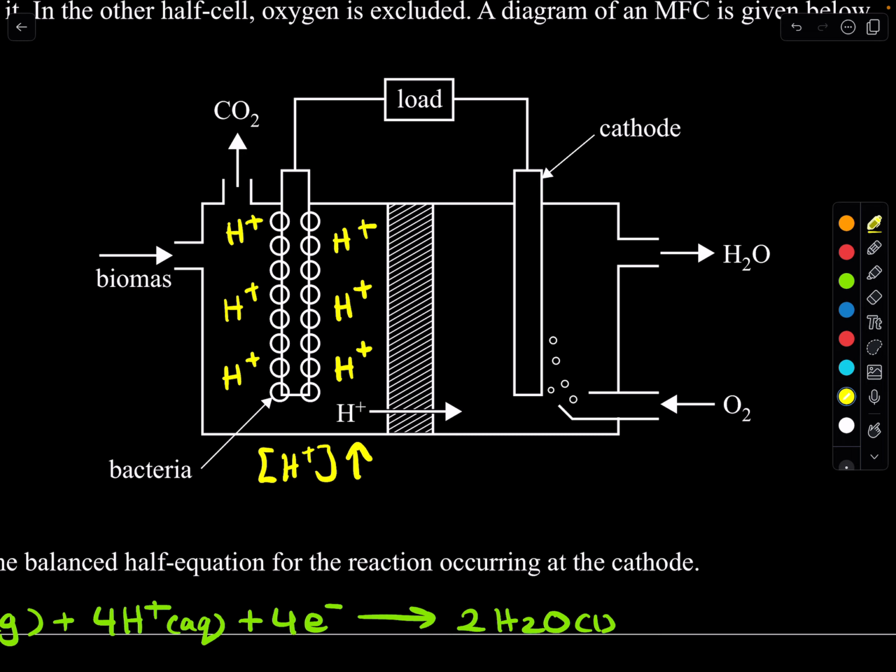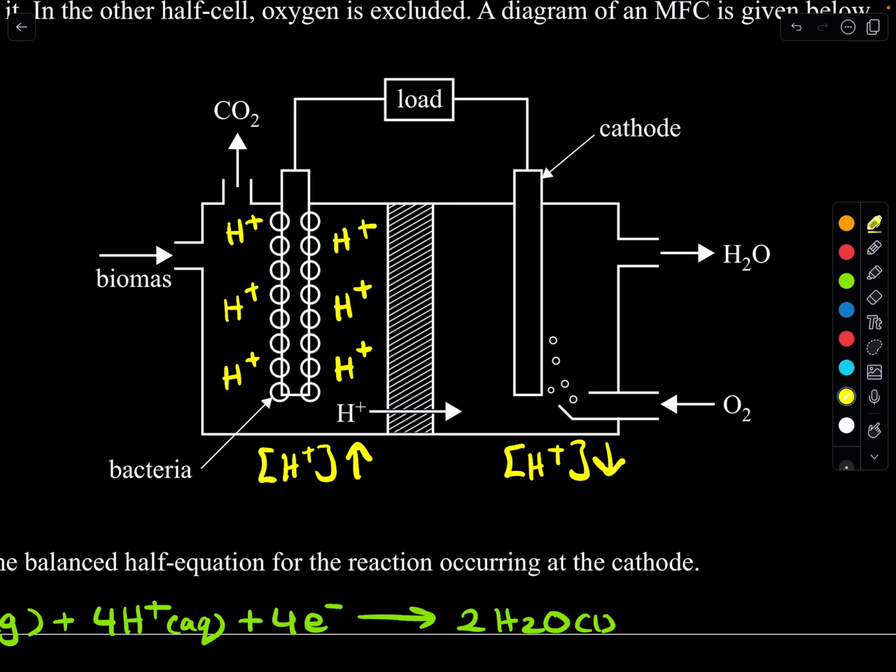And remember, this creates a concentration gradient. Remember, we have this proton exchange membrane that only moves H plus ions, nothing else. So if we have a high concentration of H plus ions and a low H plus ion concentration on the cathode side, what's going to happen? Diffusion is going to occur, where H plus ions want to create equilibrium.